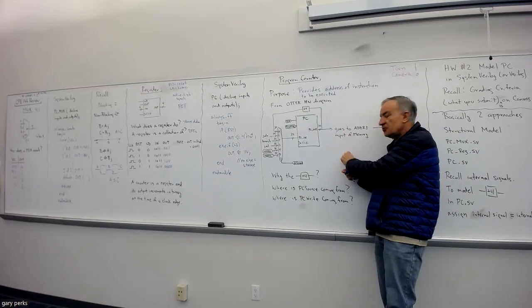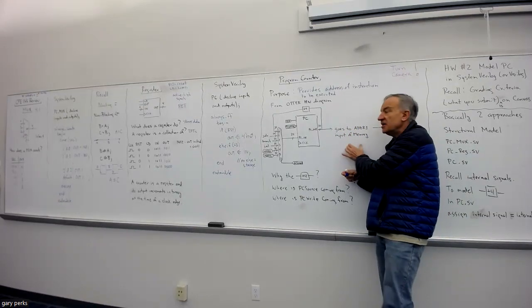So each row has 4 bytes. Because the instructions are 32 bits and the memory is byte addressable, the instruction addresses are word addresses, and they're separated by 4. So your first instruction is at address 0, your next instruction is at address 4, the next at address 8, and the next at address 12.